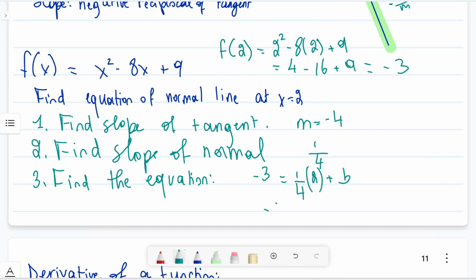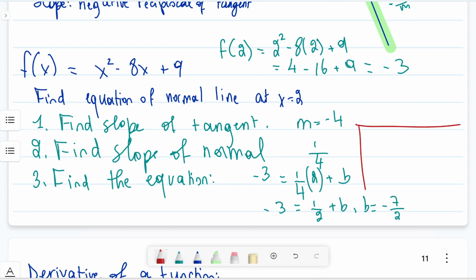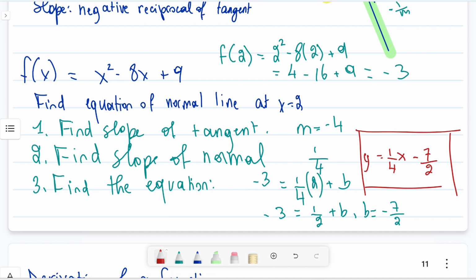Now this leaves us with -3 equals 2 divided by 4, which is half, plus b. If we solve for b, we get b to be -7 over 2. So let's write our equation: y equals 1 over 4 x plus b, so -7 over 2. And this is our answer.